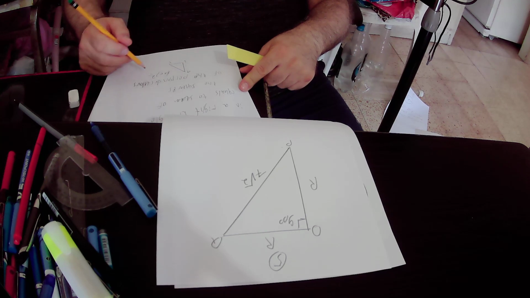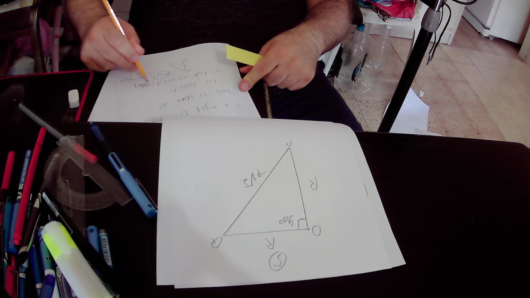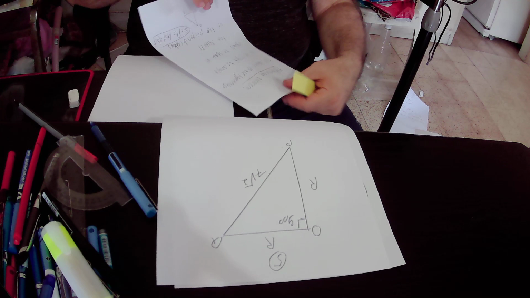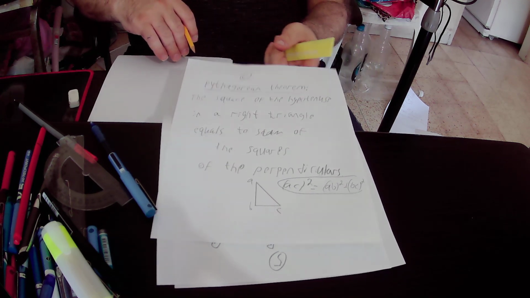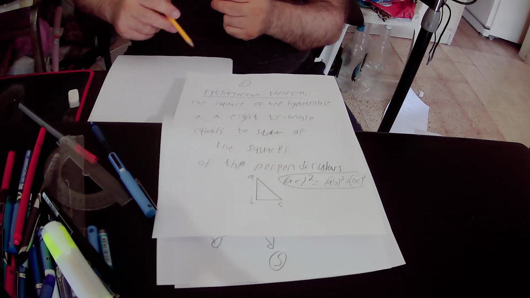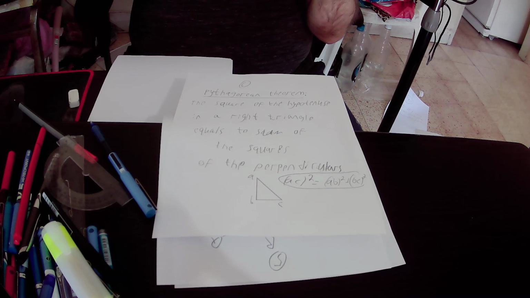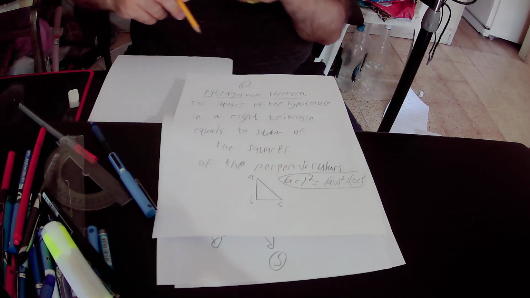That is to say AB square plus BC square. Again, the square of the hypotenuse, AC square, equals the sum of the squares of the perpendiculars, AB square plus BC square.